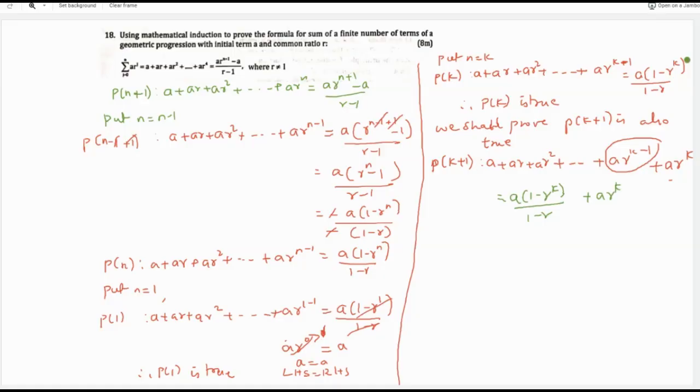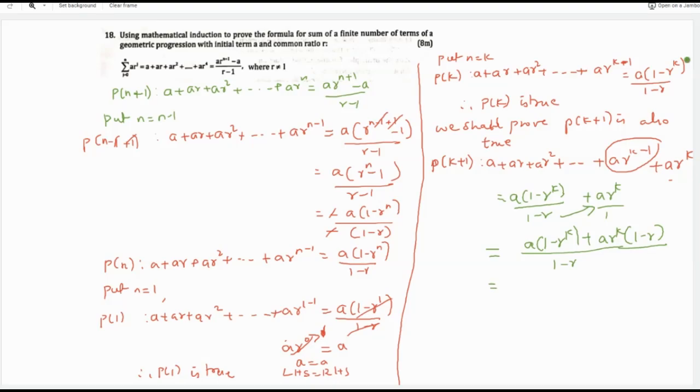So now taking the LCM for both the sides and simplifying, we get 1 minus r, a into 1 minus r power k plus a r power k into 1 minus r. Finding the LCM means cross multiplication.